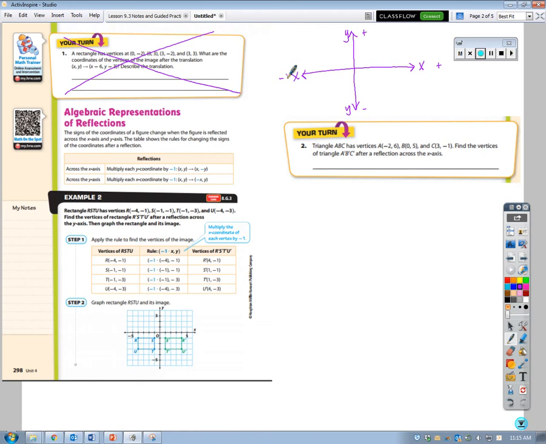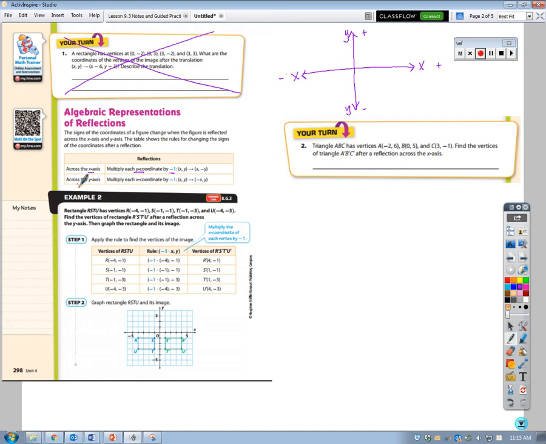So if we look at the rules, when you reflect something across the x-axis, you will multiply each coordinate by -1. Sorry, you will multiply the y-coordinate by -1. So when you reflect across x, you multiply y by -1.